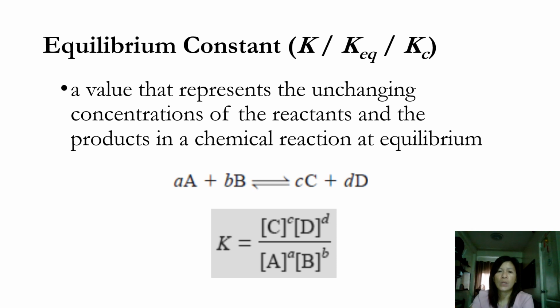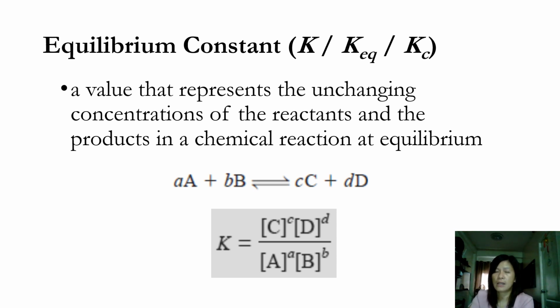So, the equilibrium constant for this particular hypothetical reaction shall be written as capital K, the equilibrium constant, equals the product of the concentrations of the products. So, in this reaction, we have two products, C and D. So in the equilibrium constant expression, you write in the numerator the concentrations of the products, C and D, and then raise the concentrations to their stoichiometric coefficients.